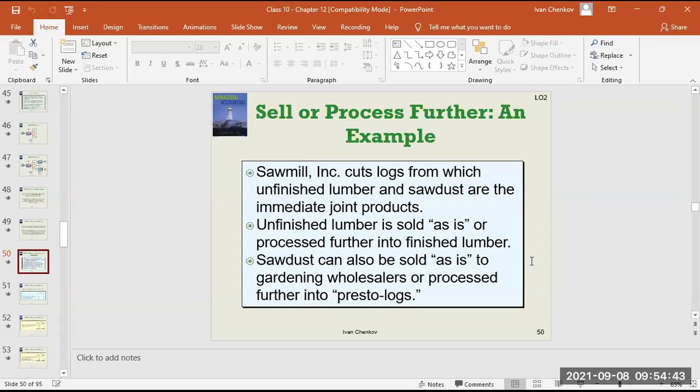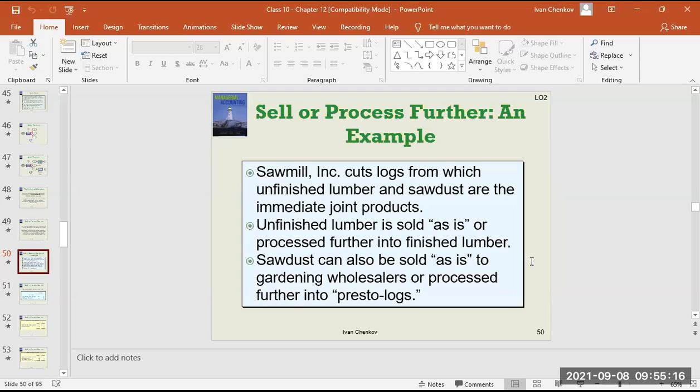So let's see an example here. This company cuts logs from which unfinished lumber and sawdust are immediate joint products. Again, the split-off point is when we can separate the lumber and the sawdust. Unfinished lumber is sold as it is, or can be processed further into finished lumber.